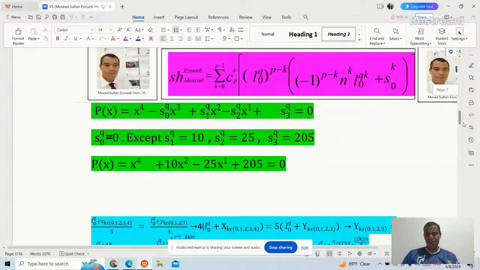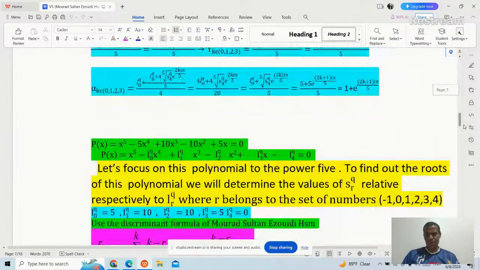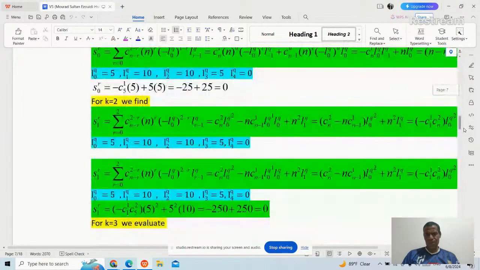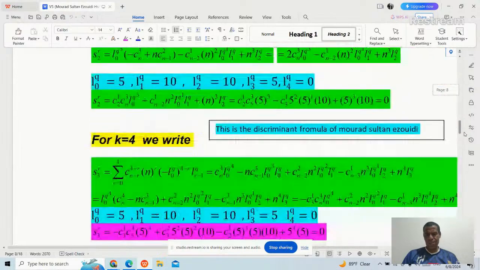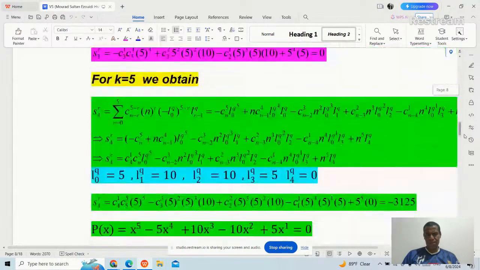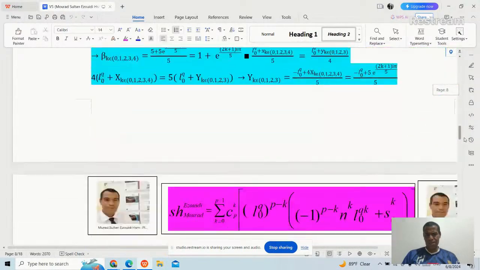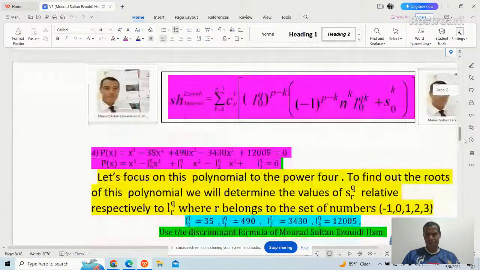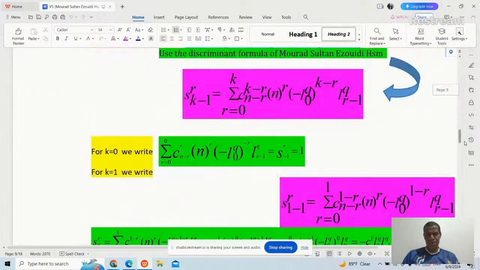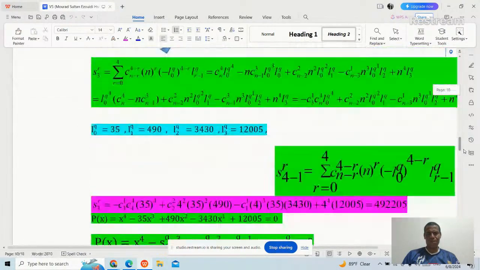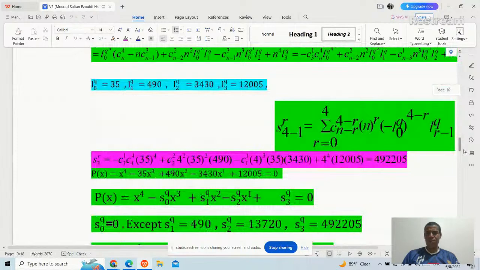Okay, let's move to question number 4. We did it before. Let me see the next example. We did it yesterday. Now we are going to focus on a new example, and I want you to concentrate. The more you concentrate, the less you make mistakes.